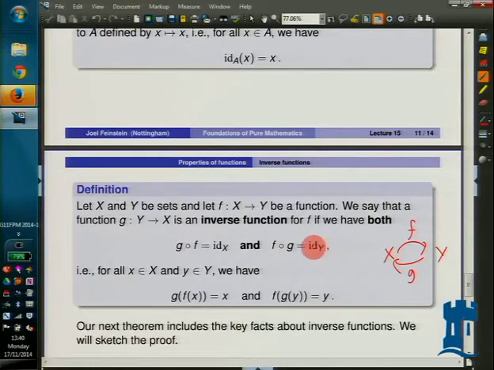So we were looking at composites last time. We showed that function composition is associative. That's quite useful, actually, for showing uniqueness of inverses, as we'll see in a minute. If you compose anything with the identity map, you get the same thing again. So if you start with the identity map and you compose something with it that you can, you just get that function again, because the identity map doesn't change anything.